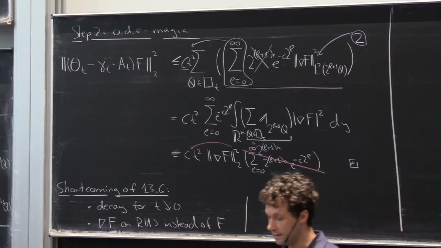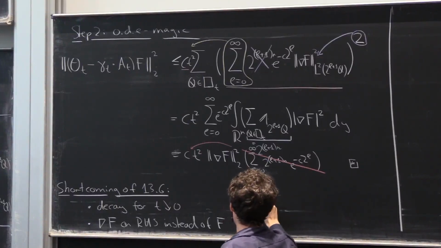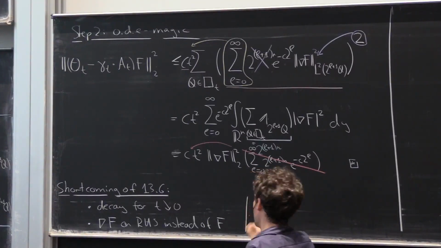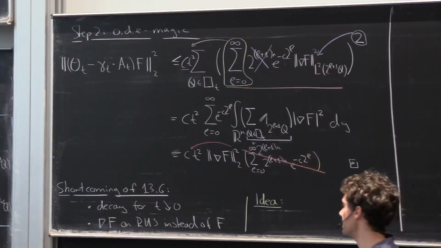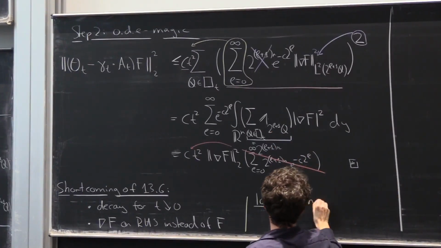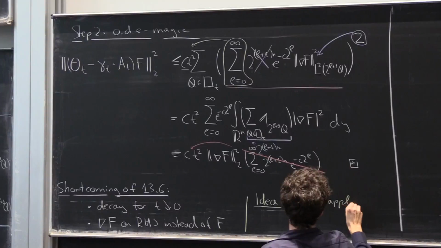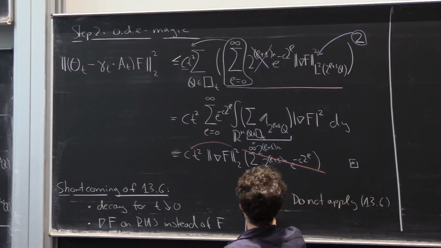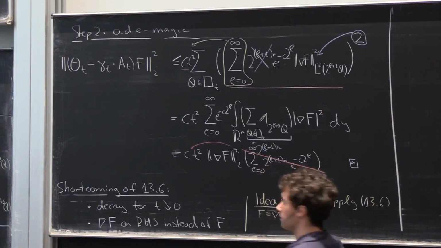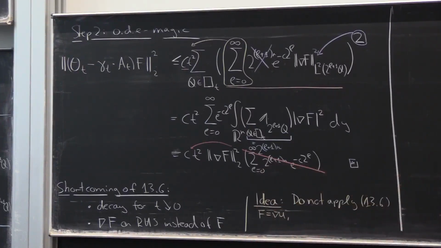Now, there is an idea, namely, I will not apply this 13.6 directly to f being the gradient of u, but I introduce additional smoothing.